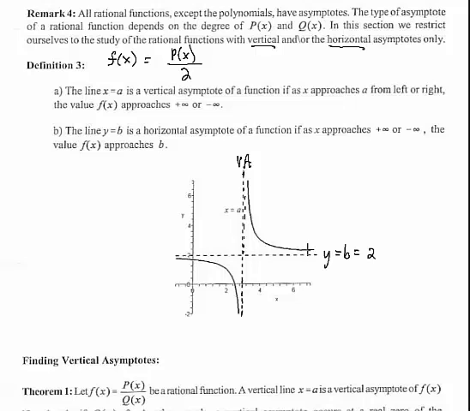So, in other words, this curve, if I was to extend this, and it's hard to draw it because this is already really close to y equals 2, this is going to get closer and closer and closer as it moves out to infinity, but it's never going to cross it, and it's never going to reach 2 exactly. Likewise, over here, it's just simply coming from the top instead of the bottom. It's going to get closer and closer to y equals 2.